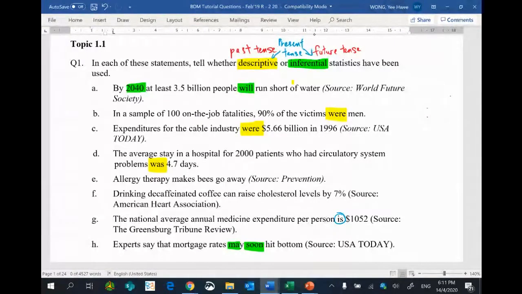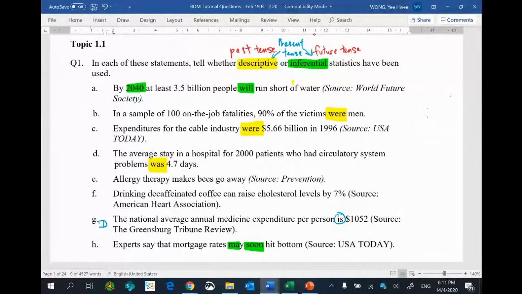National average annual medicine expenditure is this much. Is it clear? Quite detailed? Yes. It sounds like after you collect the data, then this is what you write. You just summarize what you find, and this is what you write. So this is descriptive statistics.